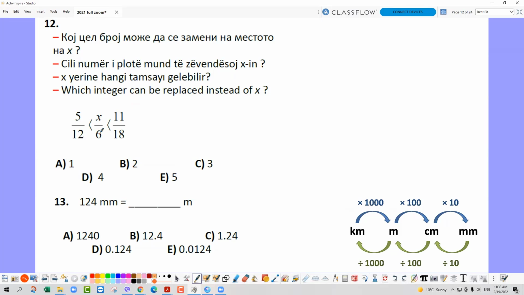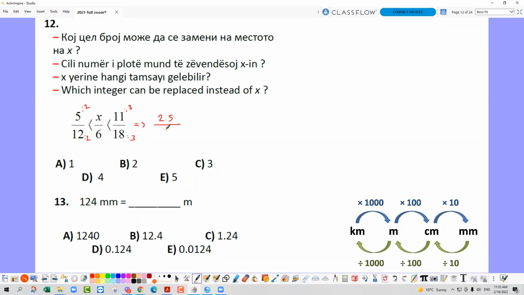Firstly, to compare these, I should get a common denominator, which is easy for me: I divide these by 2 and this one by 3 to get to denominator 6. When I divide by 2, 5 over 2 is equal to 2.5.